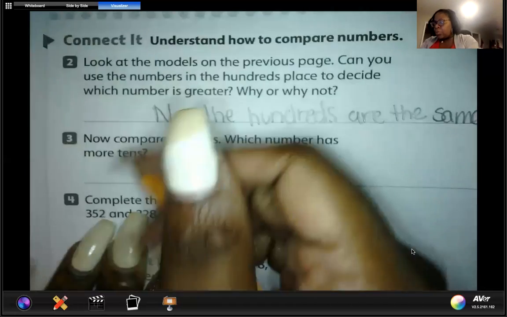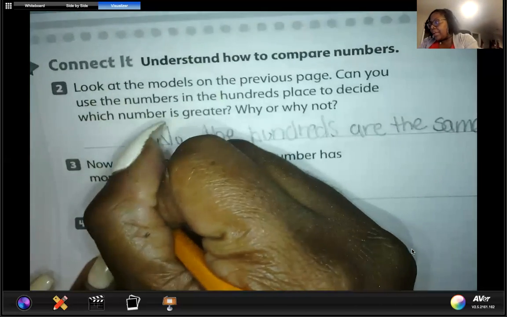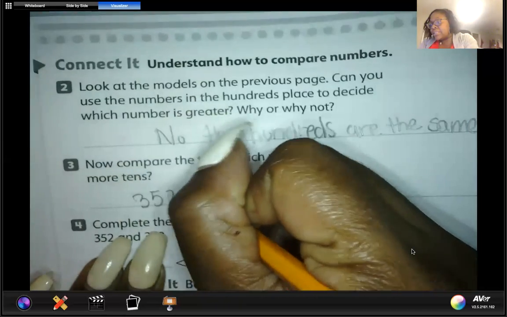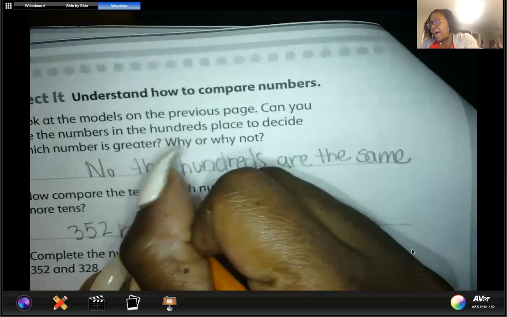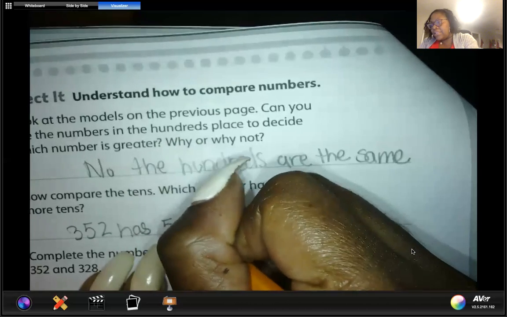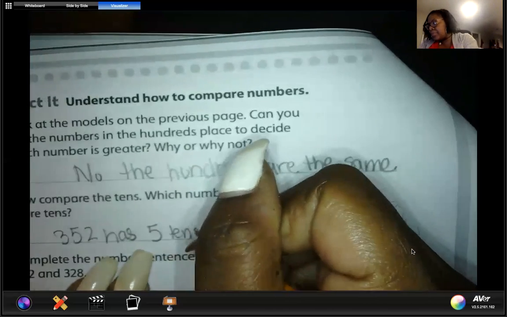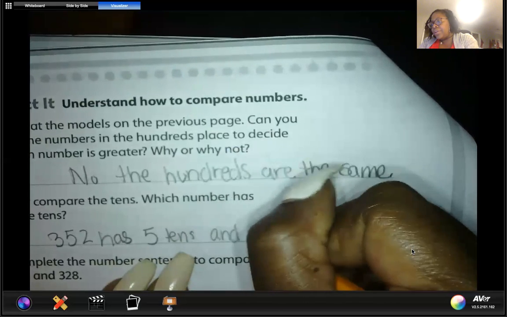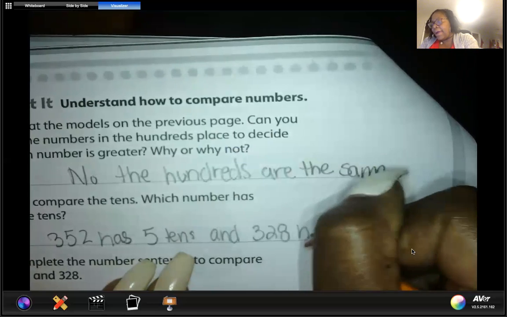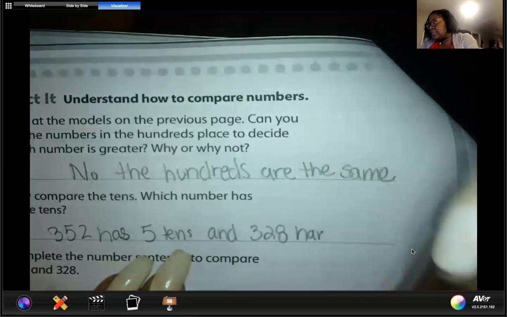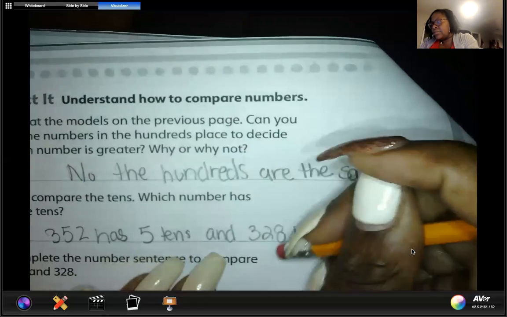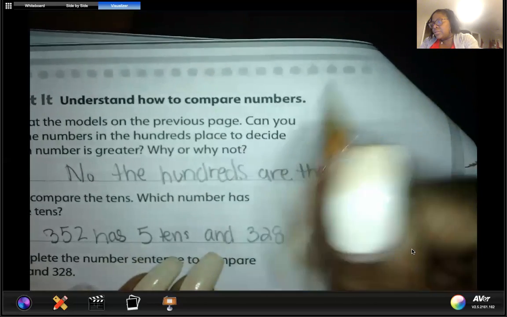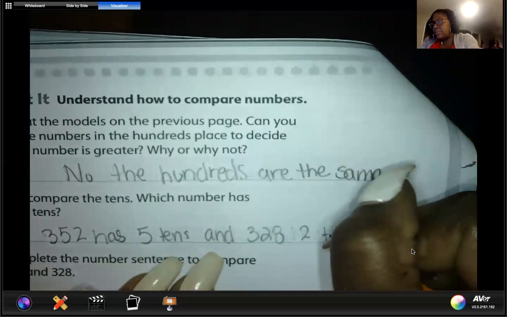So we're going to put 352 has 5 tens and 328 has 2 tens.